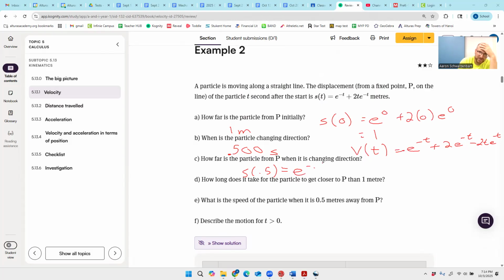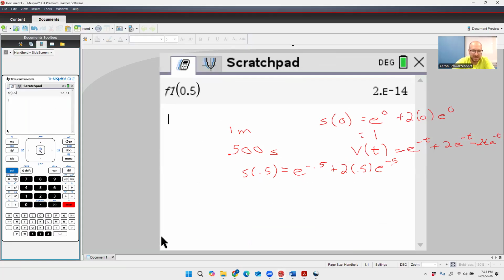e to the negative 0.5 plus 2 times 0.5 e to the negative 0.5. So that's just 1. This is 2 e to the negative 1/2. So now let's just enter that into my calculator and see what it says. 2 e to the negative 0.5.